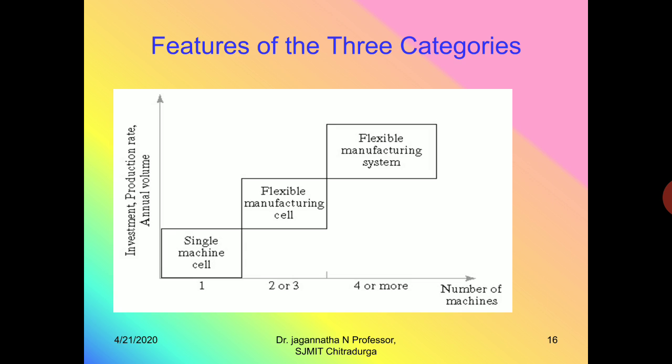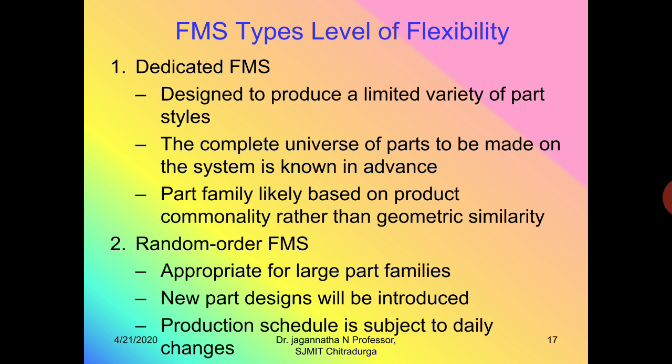These are the features of the three categories: single machine, two or more machines, and four or five machines. Let us consider the flexible manufacturing system levels. There are two important types: the dedicated flexible manufacturing system and the random order flexible manufacturing system.